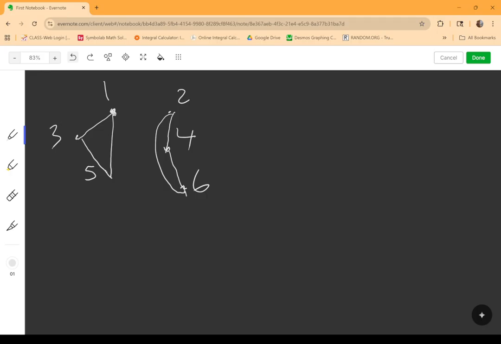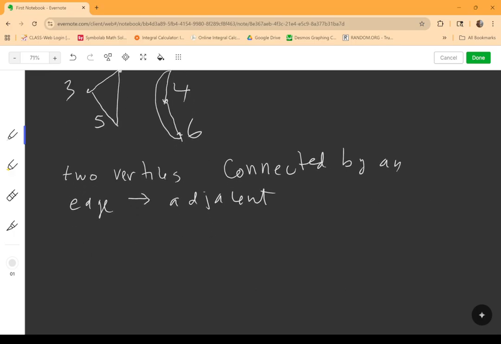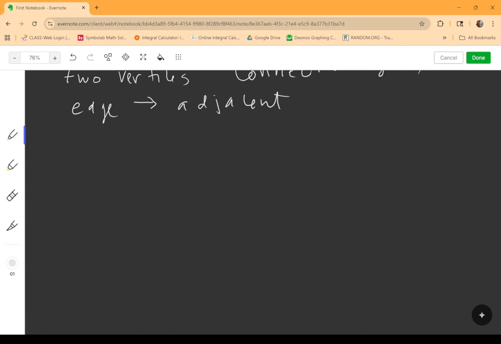Okay, now in terms of terminology, if two vertices are connected by an edge, then we say they are adjacent. So here is an example, and this comes up with how we can represent a graph.